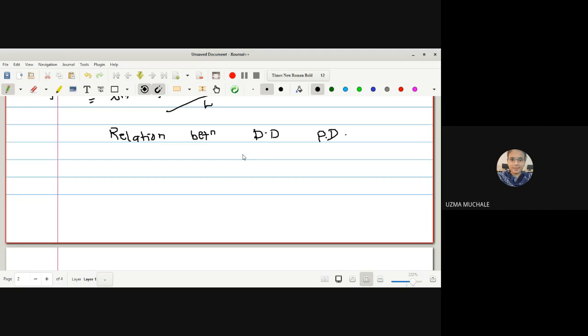No doubt, by solving an example it is easier, but if someone wants to do it practically, it is somewhat difficult. So that's why we have got the relation between the directional derivative and partial derivative with the help of this theorem, or we can say another definition for your directional derivative.